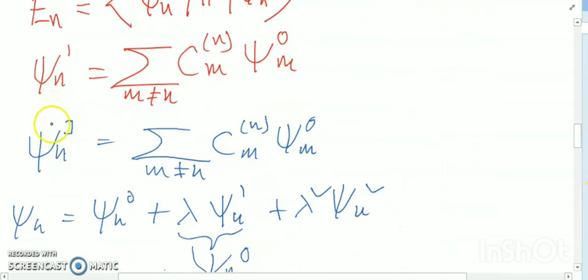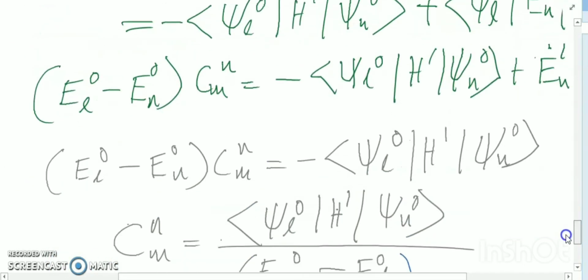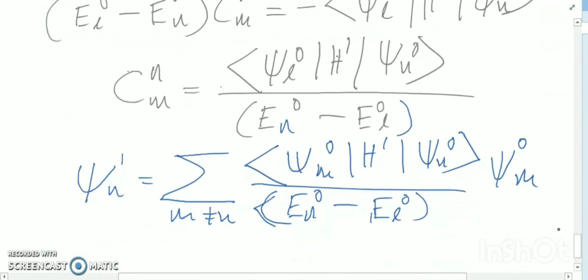From this formula I get this value. I have already mentioned this here, so you get this.